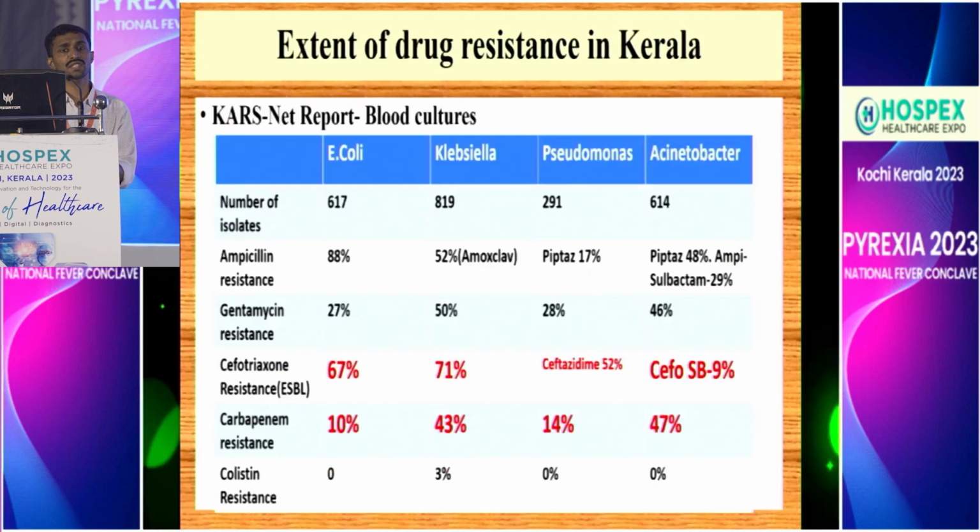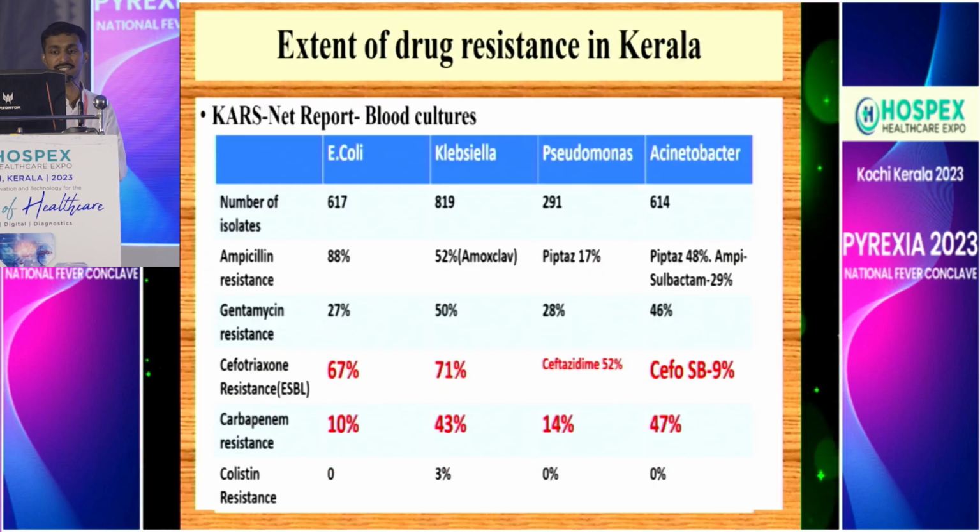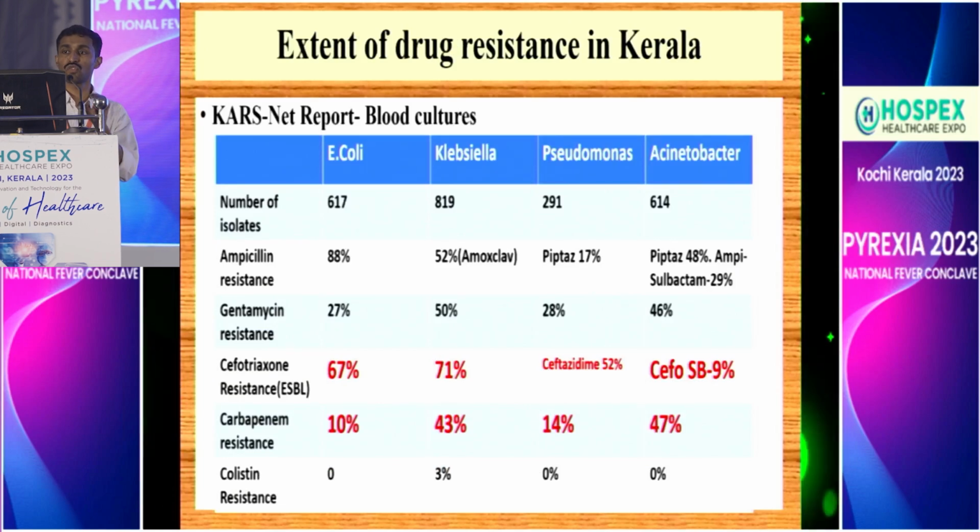Now, we will start with how much drug resistance is there in our place, that is Kerala. Fortunately, our state Kerala has published its own antibiogram or antibiotic profile. This was published 2 months back and it had some very surprising findings.